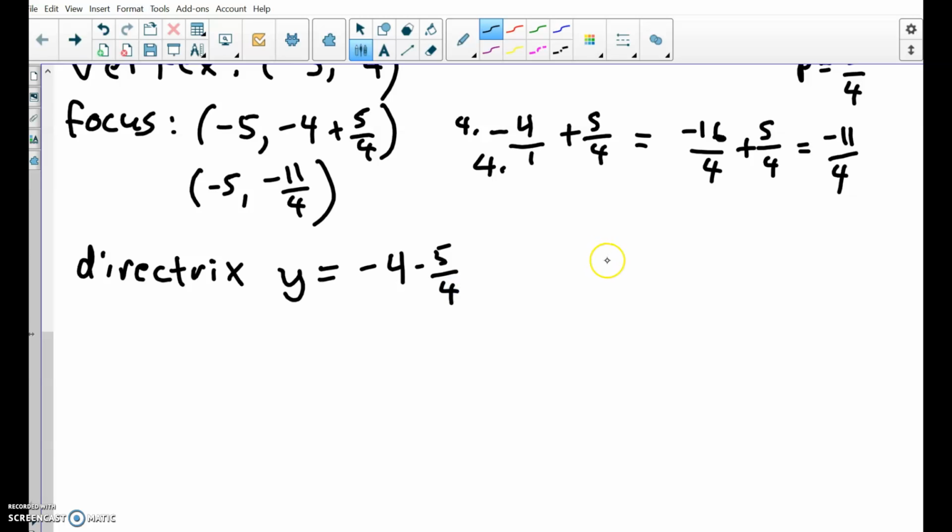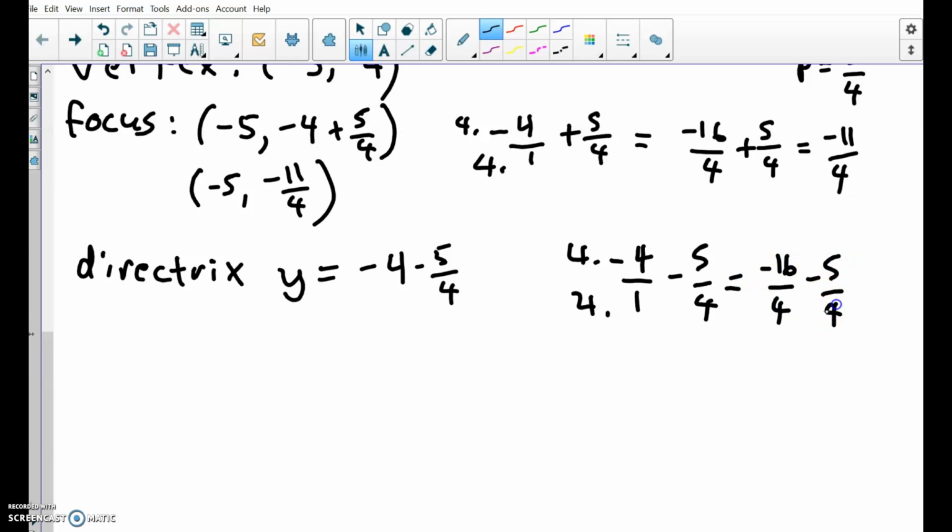So you can do that arithmetic over here if you need. So we get y is equal to -21/4.